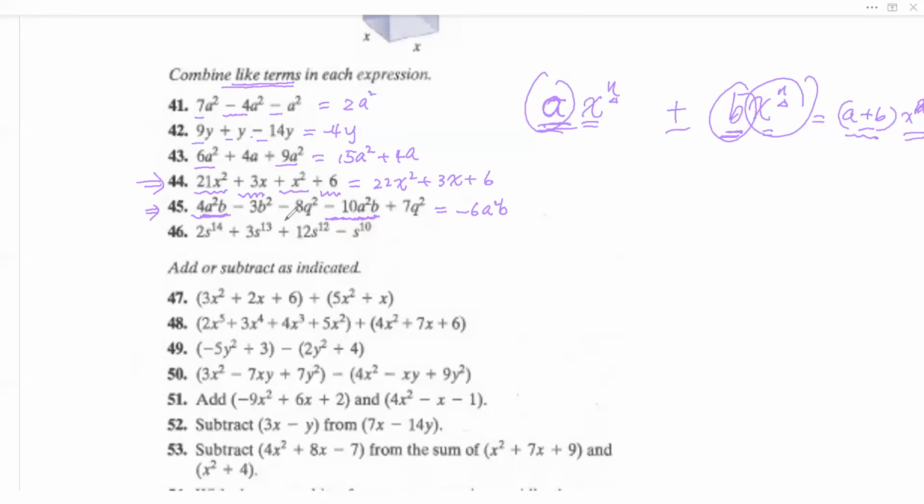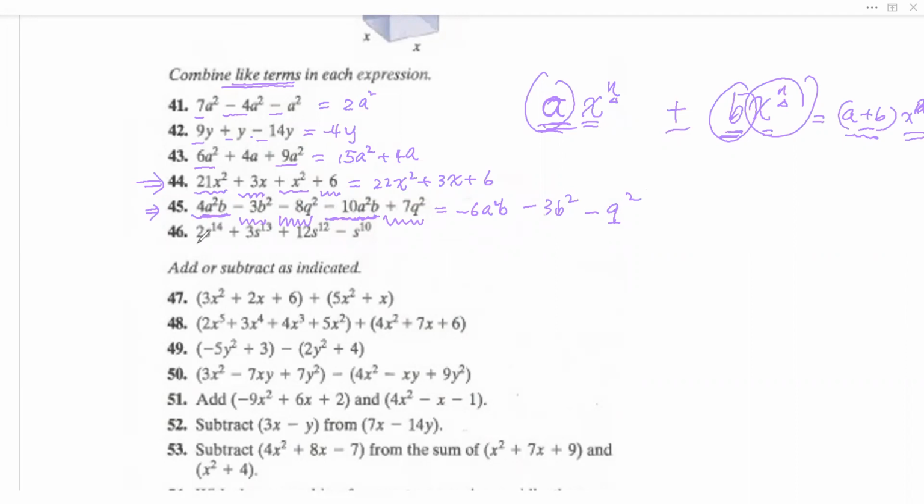We didn't find another b squared, only one of them, right? Only one left. So we copy here. And the last one, these 2 are like terms, right? Q squared, right?